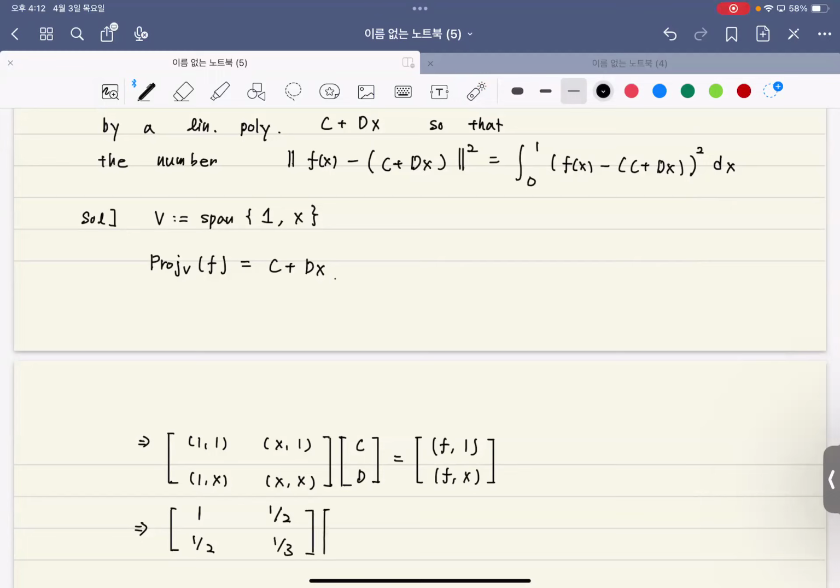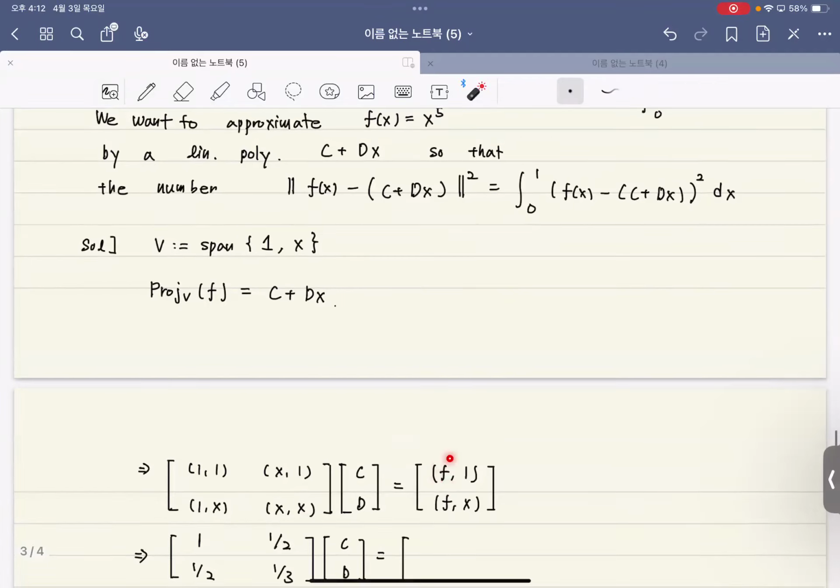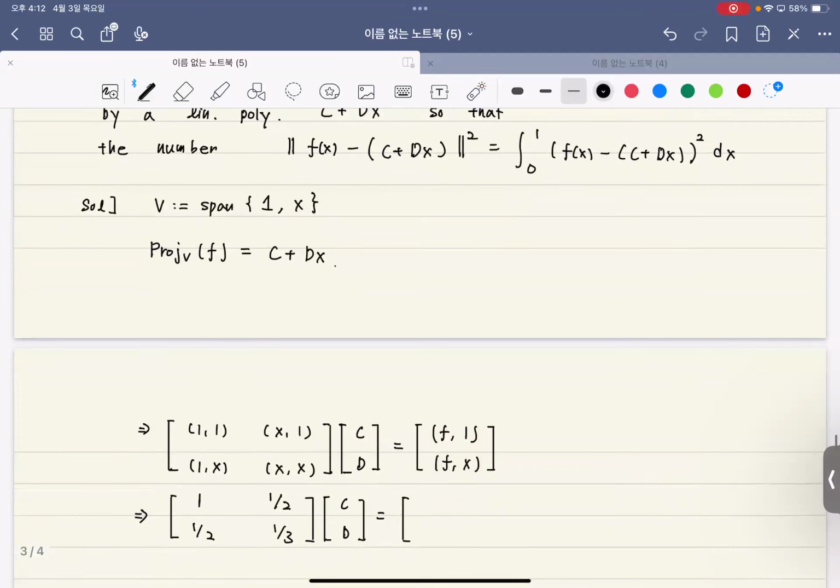And C, D. What about the right-hand side? F is x to the 5th. So this is the integral of x to the 5th from 0 to 1. So this number has to be 1 over 6. And this one has to be 1 over 7.